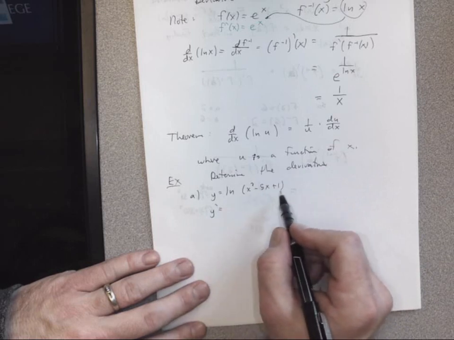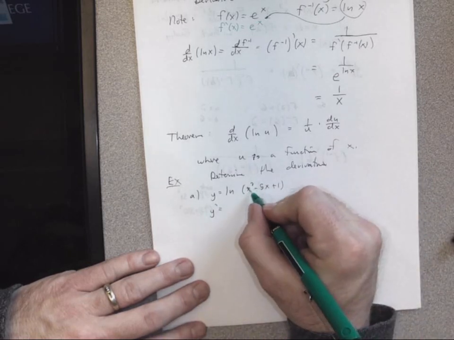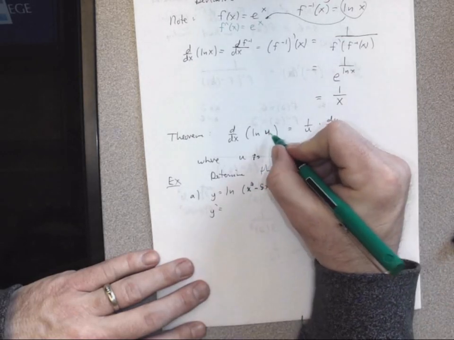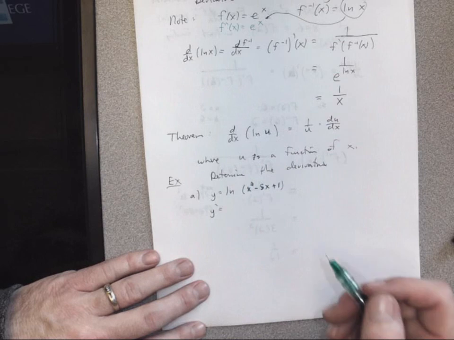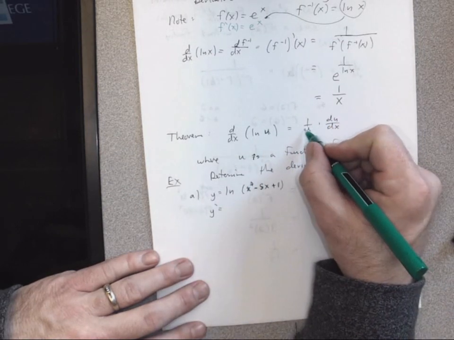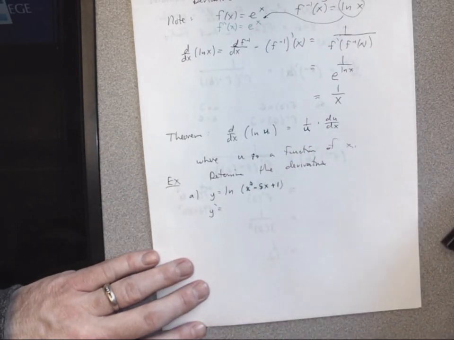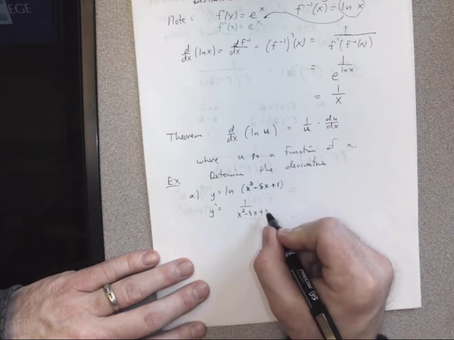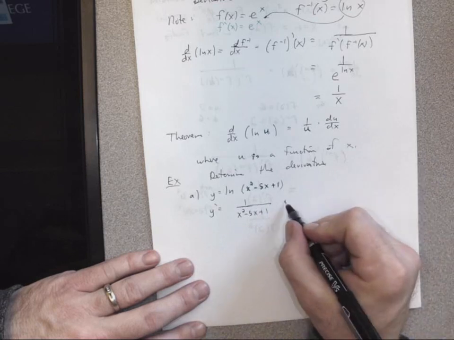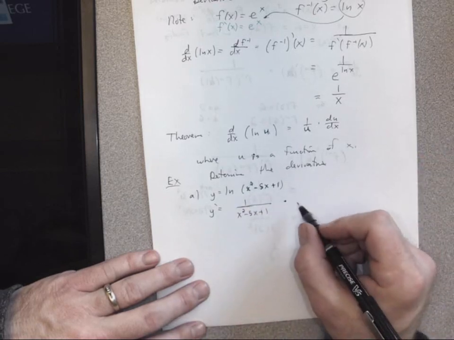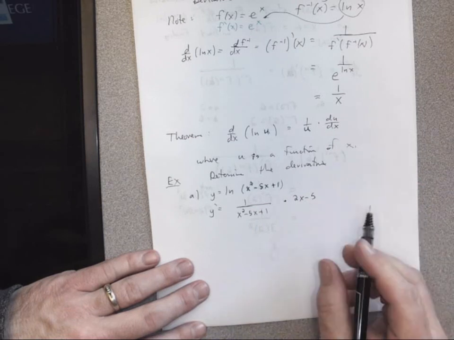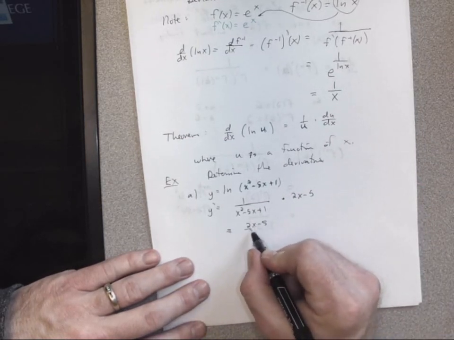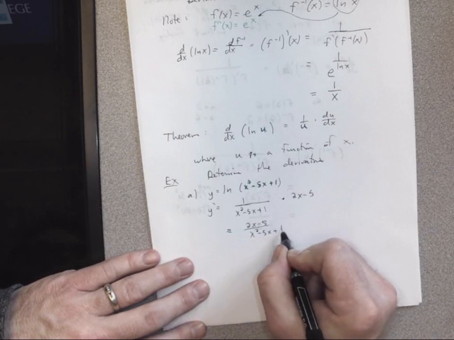Notice how this x squared minus 5x plus 1 is the same thing as my u. So the derivative of the natural log of u is going to be 1 over this u multiplied by the derivative of u. So this is equal to 1 over x squared minus 5x plus 1 multiplied by the derivative of the inside, which is 2x minus 5. So we're done here. This is equal to 2x minus 5 all over x squared minus 5x plus 1.